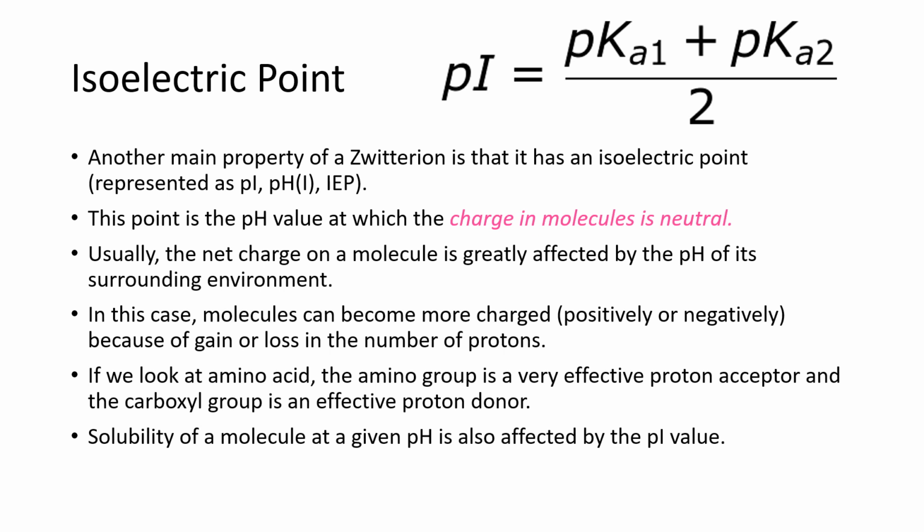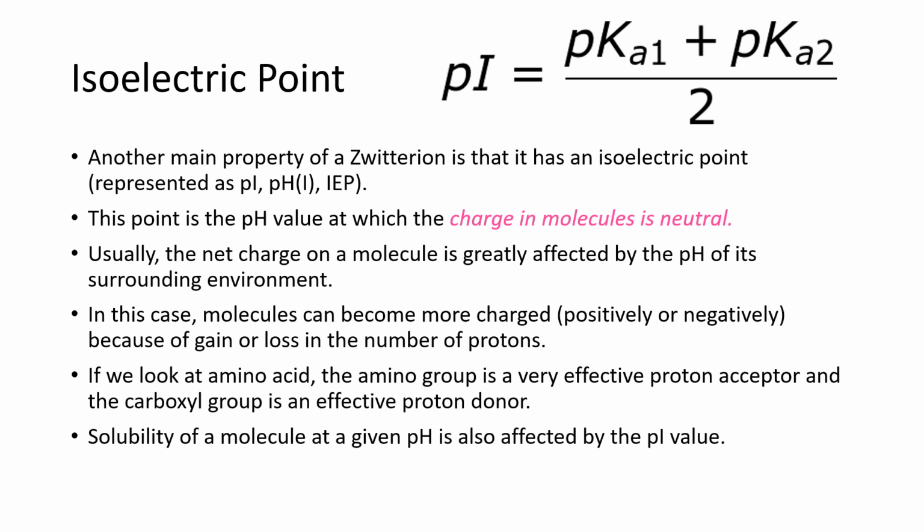In an amino acid, the amino group is a very effective proton acceptor, and the carboxyl group is an effective proton donor. Very important to remember this because you will be asked in different contexts, and you will have to come up with a solution. They usually don't ask direct questions, but they will have a passage where you will have to understand and respond to it.